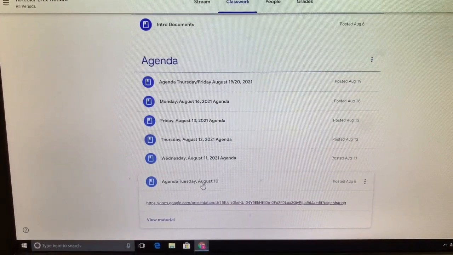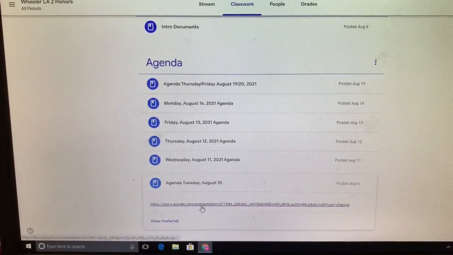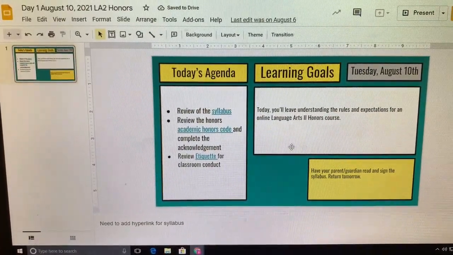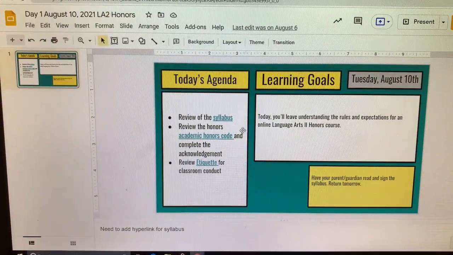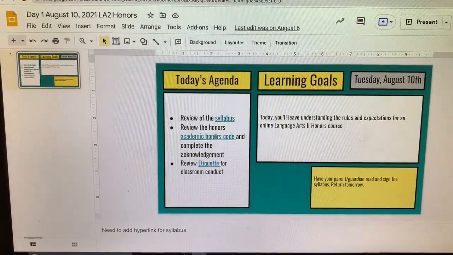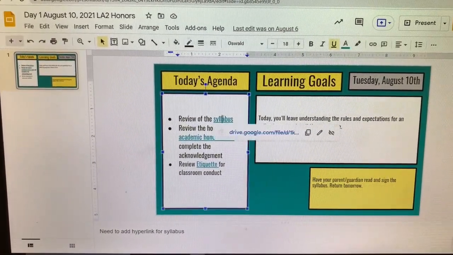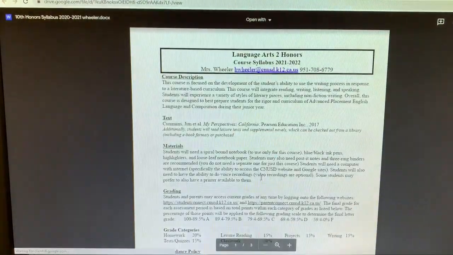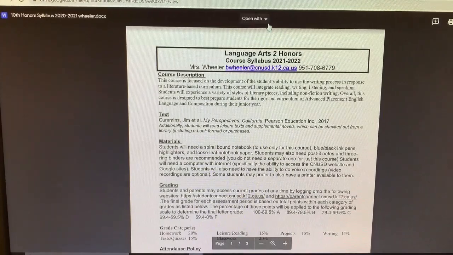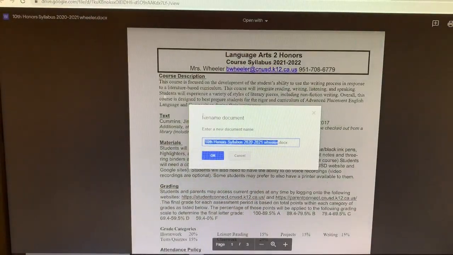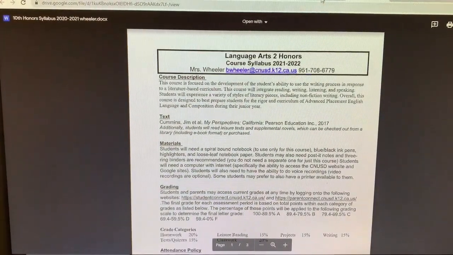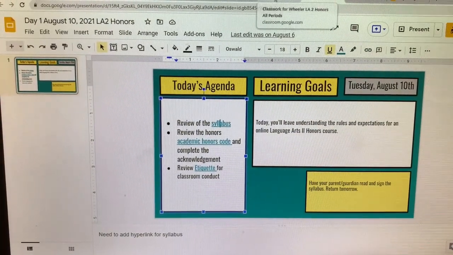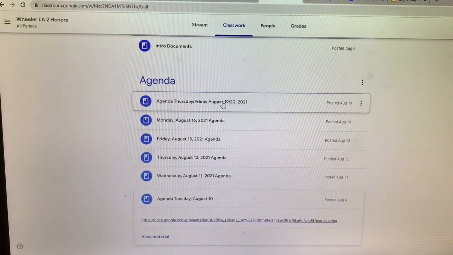If you look at each day, there's an agenda, and you click on this, and then it has our slide for the day, it has our attachment, and with these attachments, there's hyperlinks here, so it has the syllabus that they can click on. So if they do have to be absent for some reason, which I know is happening this year, they would be able to access the slide and then get whatever it is that they're missing.